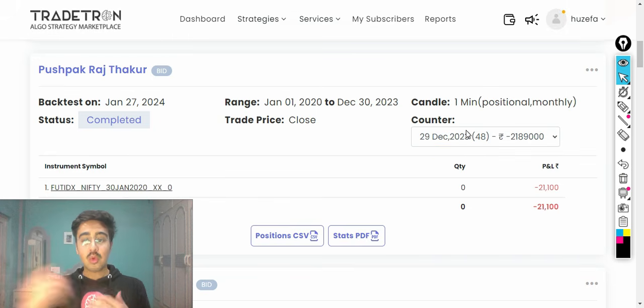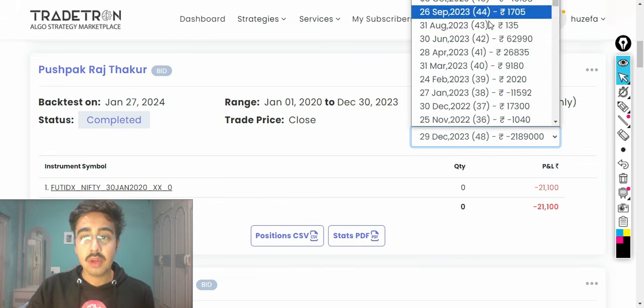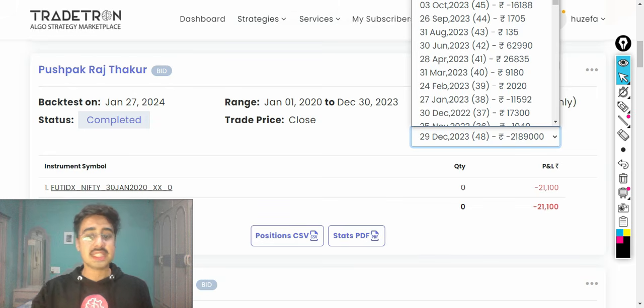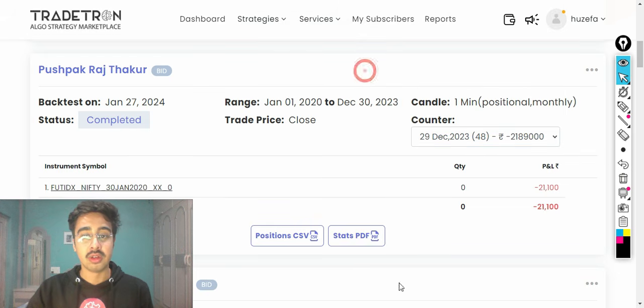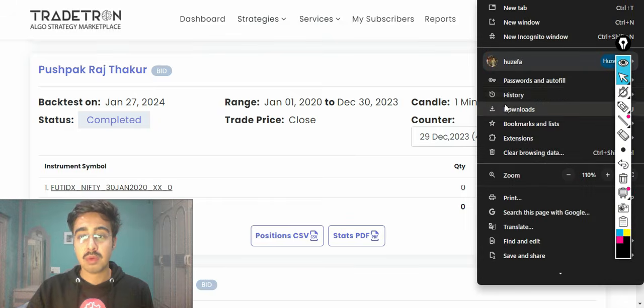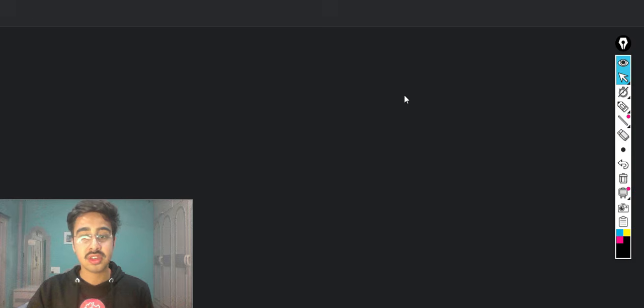Now, one thing to note out here is that on my 29th December, basically after the December expiry, it took a trade in my Jan expiry, and since the Jan expiry hasn't happened yet, it is basically showing as an open trade, which is why you're seeing such a huge negative number out here.